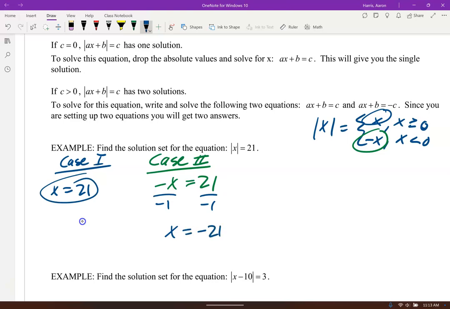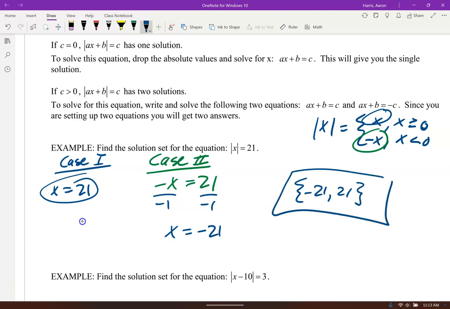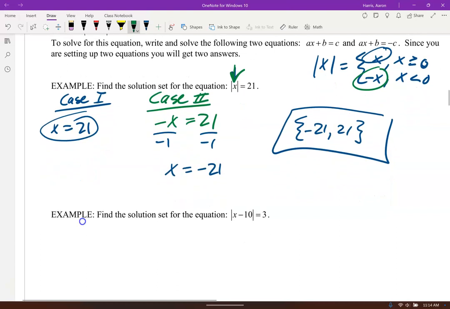So 21 or -21 is my solution set. Either number could satisfy the original, right? Because we know if we plug in 21 there, absolute value of 21 is 21. If we throw in -21, the absolute value of -21 is also 21.